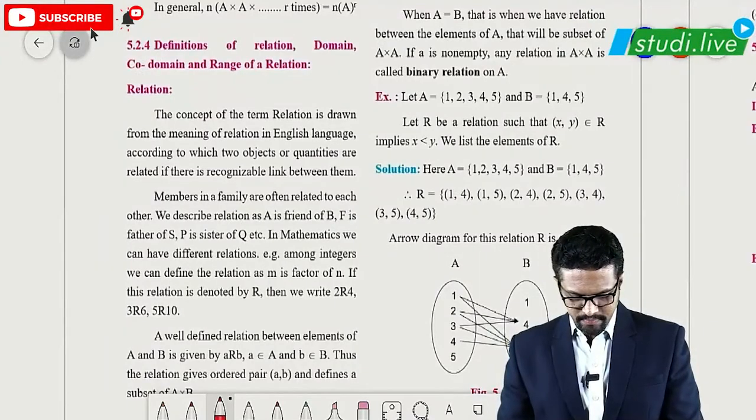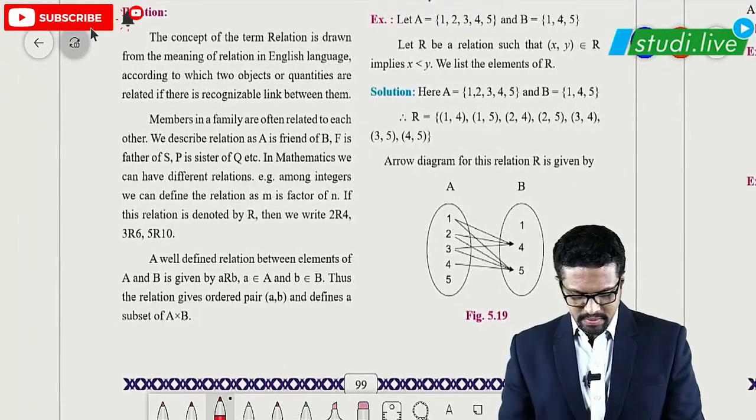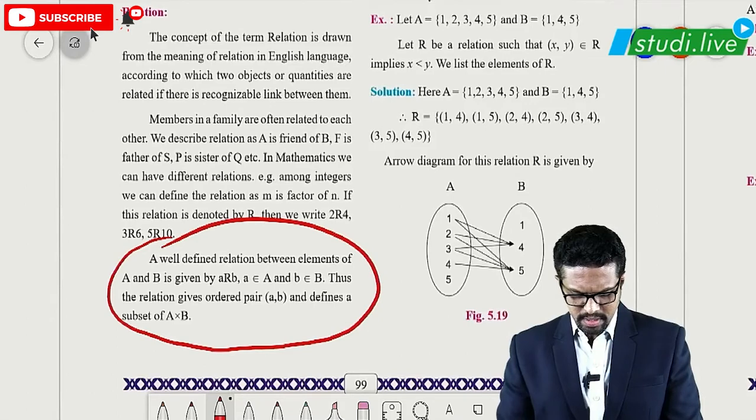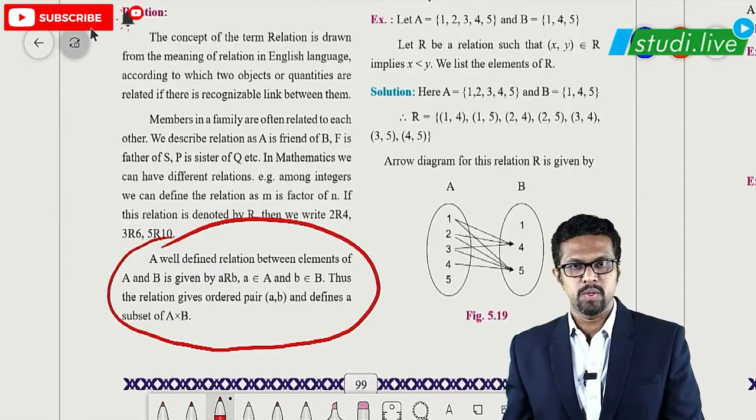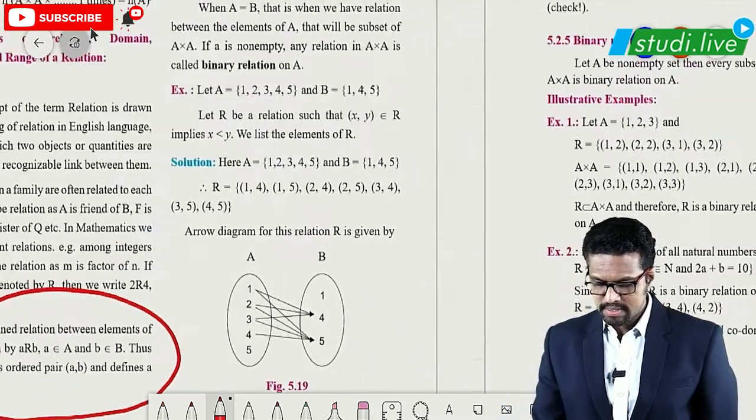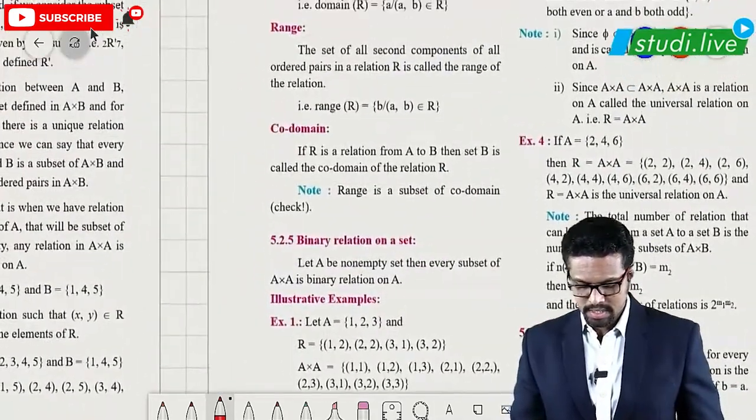Over here the definition is given, a well defined relation. It is just a subset of the ordered pairs. A subset of the product of the sets A and B is a relation from A to B. So this is the definition that is given to us about a relation.